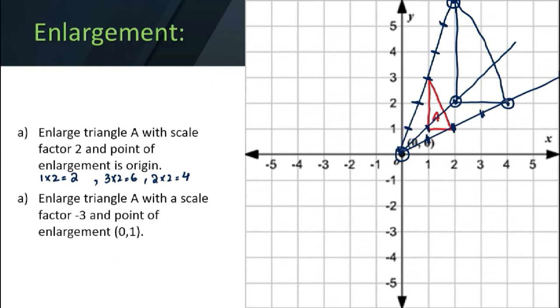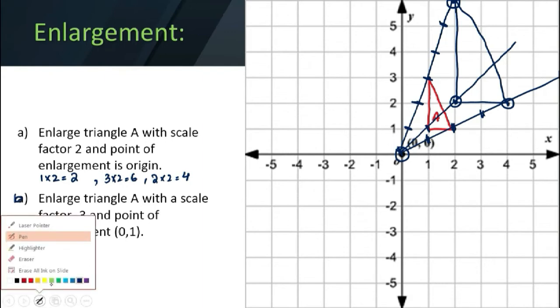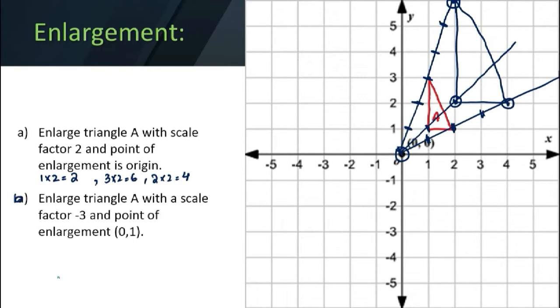Now if we move towards the second part, here they are saying that the point of enlargement is 0, 1, and the scale factor is -3. So first we will mark this point of enlargement. If you mark it, it is 0, 1. So here we have this point 0, 1.